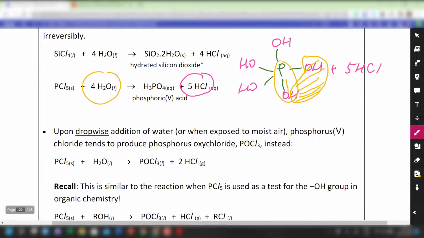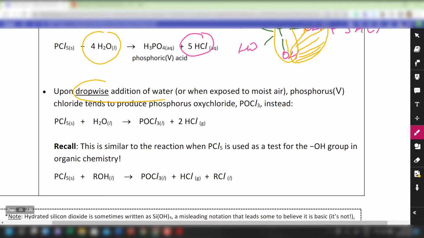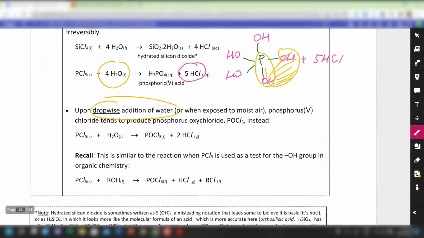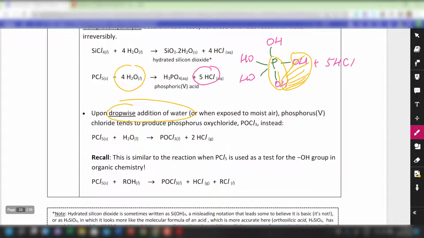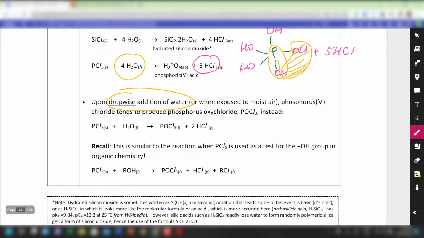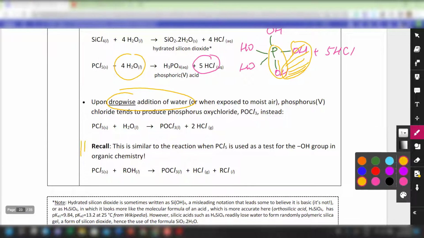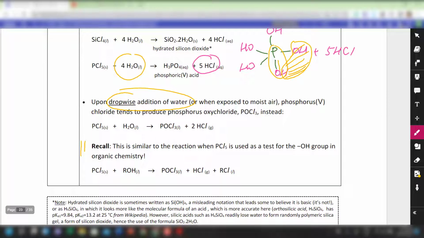Okay, yeah. Drop-wise addition of water will also react, but in the process, we won't get phosphoric acid. We'll get POCl3 first. Okay, yeah. So I will leave it to you to go and check it out. Of course, over here there's a recall part related to organic chemistry, leading to the formation of the chloride from the nucleophilic substitution of the alcohol groups.